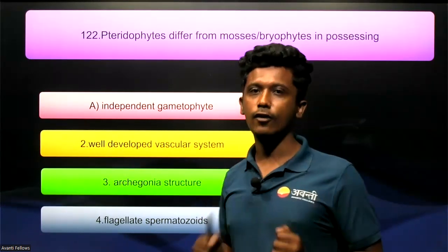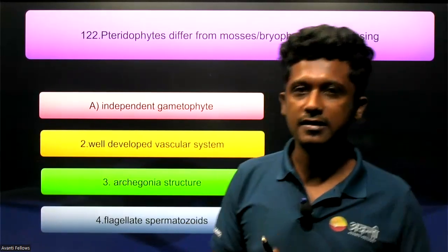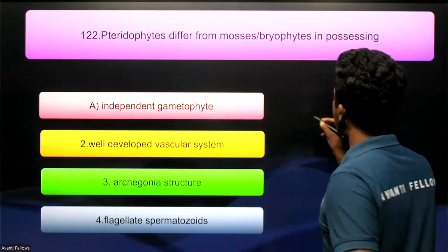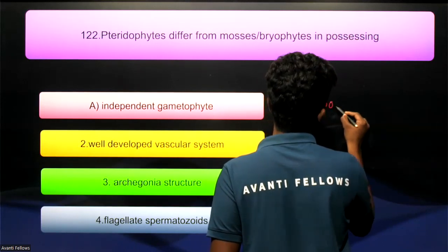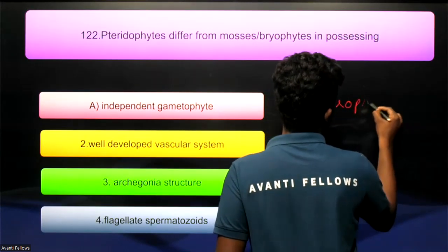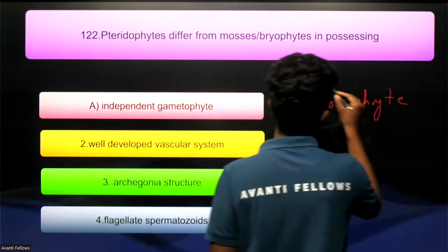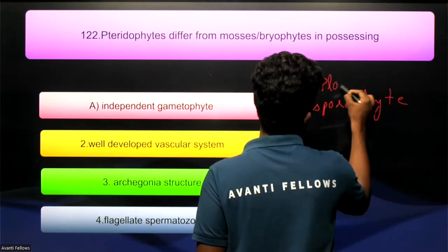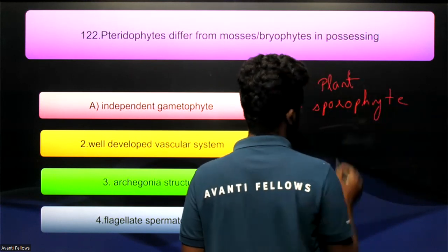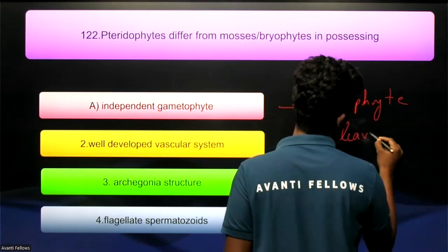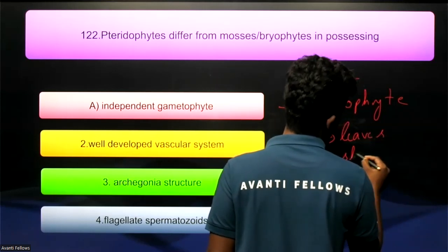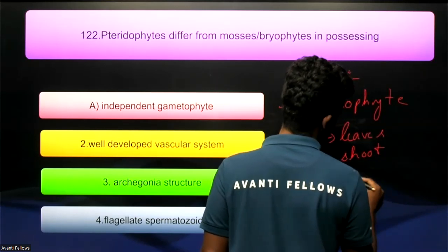When we look at pteridophytes, one of the major differences we can see is that the pteridophyte plant body is a sporophyte. That means it can be divided into leaves, shoot, and root.